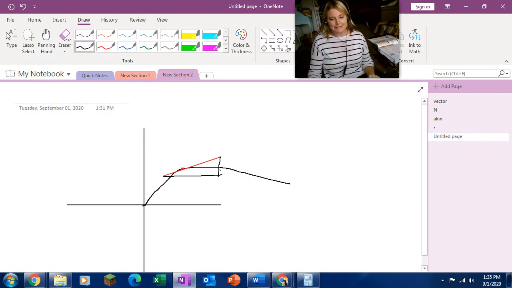And we have to find the slope of this. You take y over x, right? Rise over run. And then this is your instantaneous velocity.